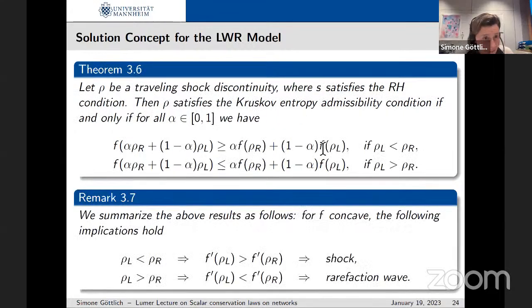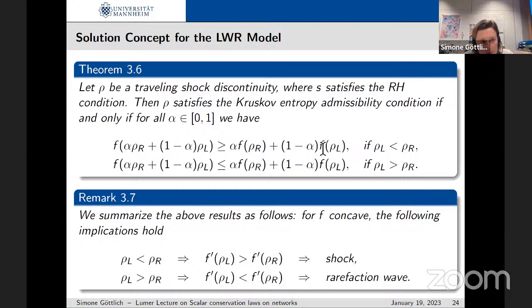In fact, there's a theorem saying that rho is a traveling shock discontinuity, whereas the shock speed satisfies the Rankine-Hugoniot condition, and then rho satisfies the Kruzhkov entropy admissible condition if these 2 conditions here are fulfilled. So maybe it's not that clear at first glance, and it would also be a very long story to go into all the details of entropy solutions.